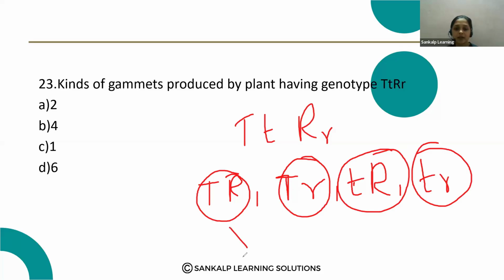Okay, when it is mated with another TTRR, it forms a new organism, but these are the four types of gametes.